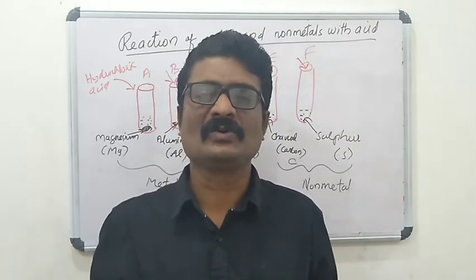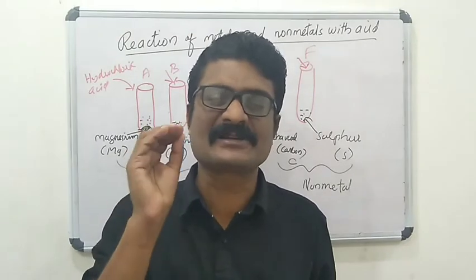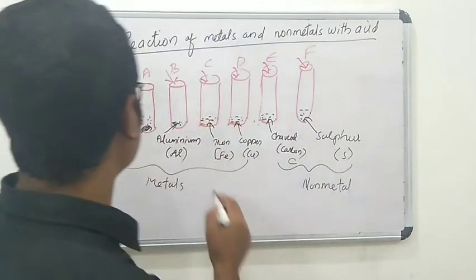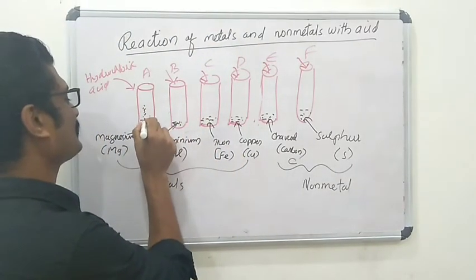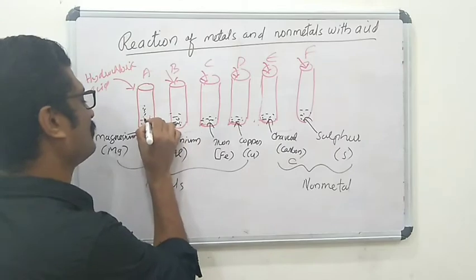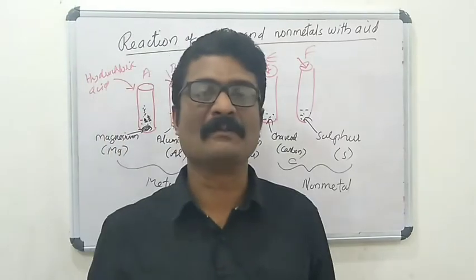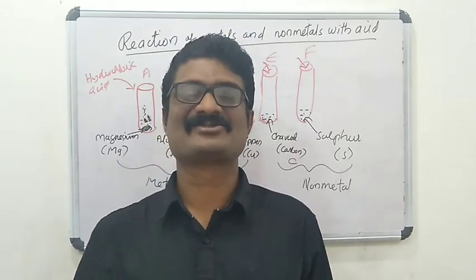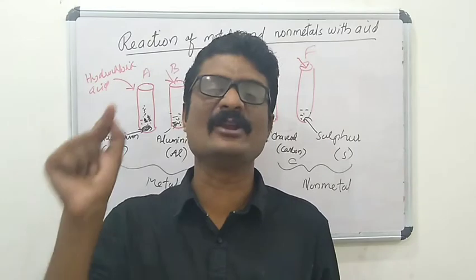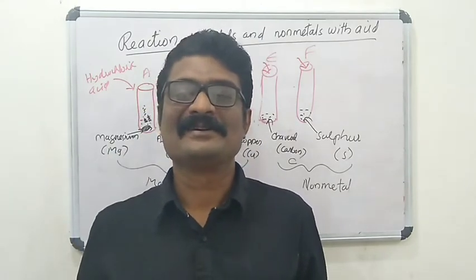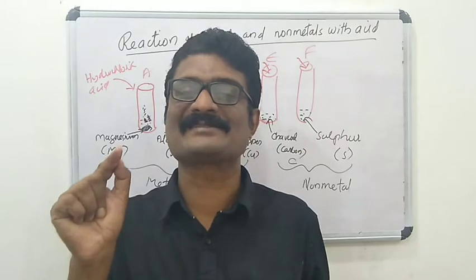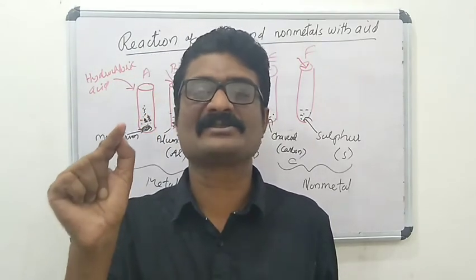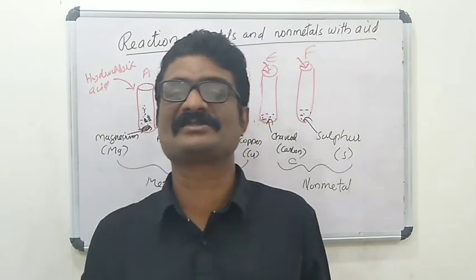While doing so, you can observe some bubbles in the test tubes. Here some bubbles are formed. This indicates that the metals magnesium and aluminium have reacted with hydrochloric acid.